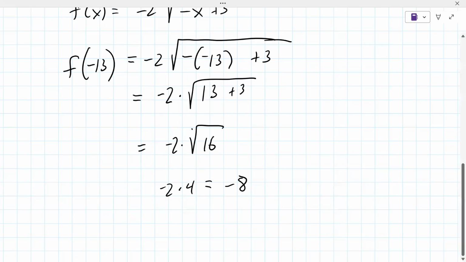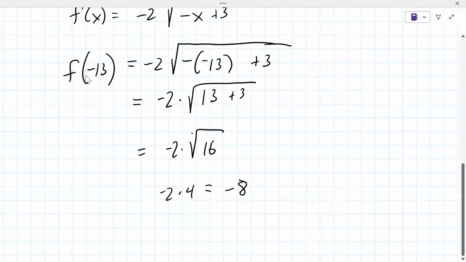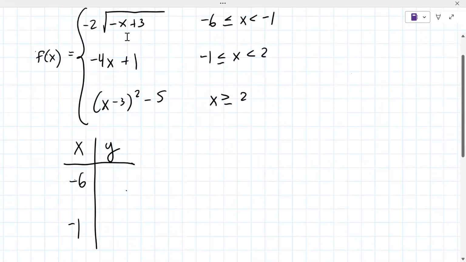All right, now let's go back to your problem. What number are you going to put into the first piece? The number I'm going to put in my first piece is going to be... Oh, so you're pointing at negative 6. Okay, so put negative 6 in there.